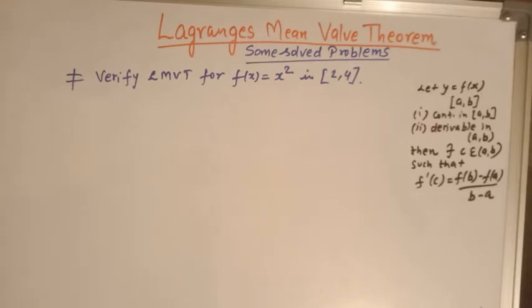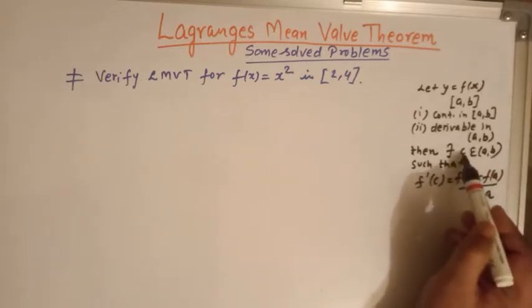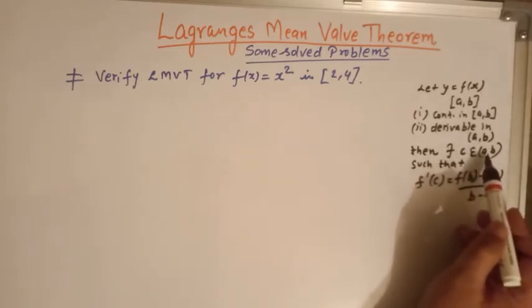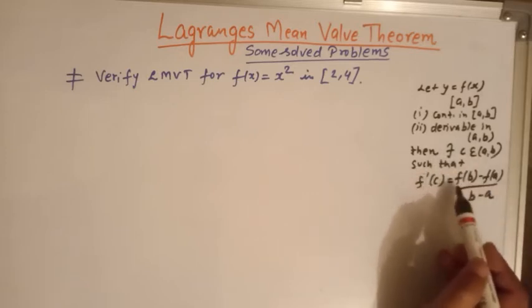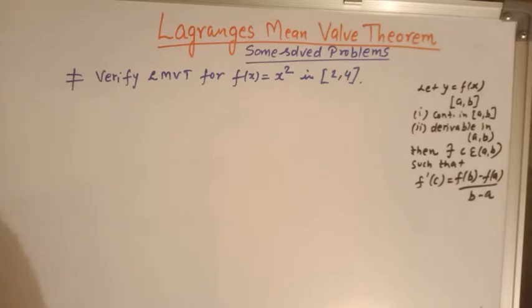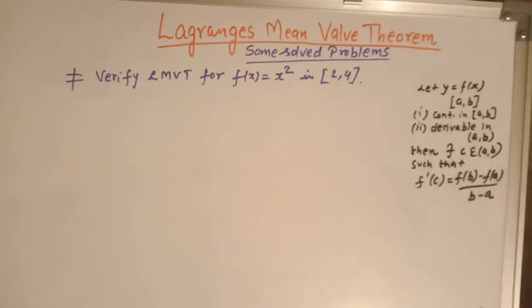Then there exists some c in the open interval (a, b) such that f prime of c is equal to (f(b) minus f(a)) over (b minus a). So this was discussed in my video on Lagrange's mean value theorem. So viewers, let us solve some more problems on Lagrange's mean value theorem.